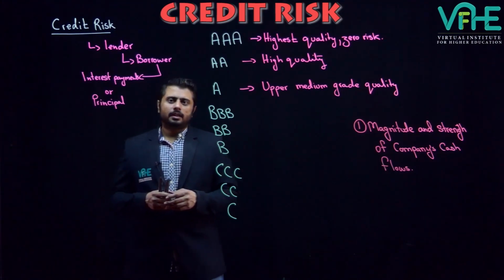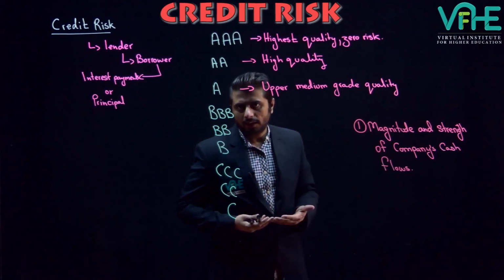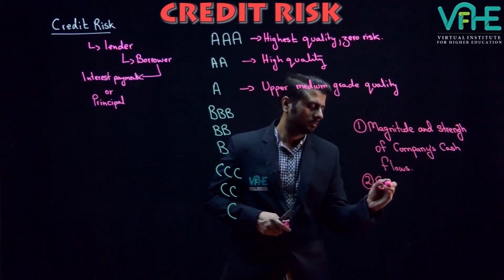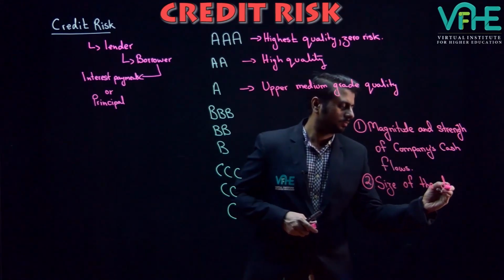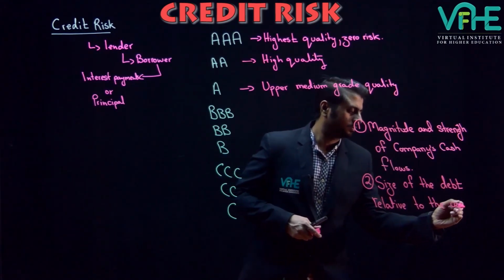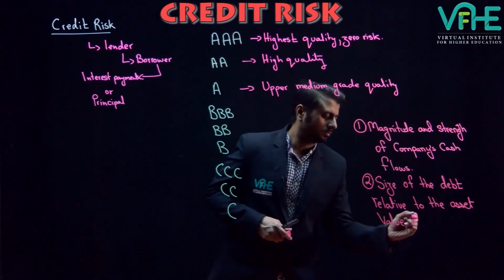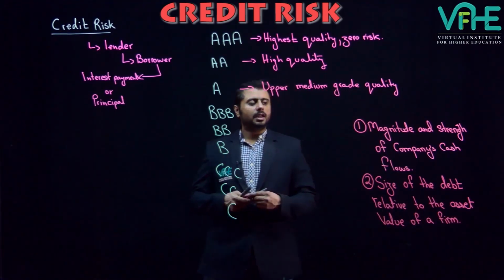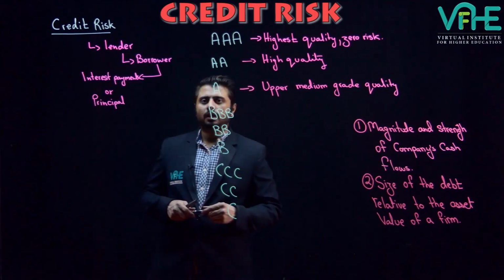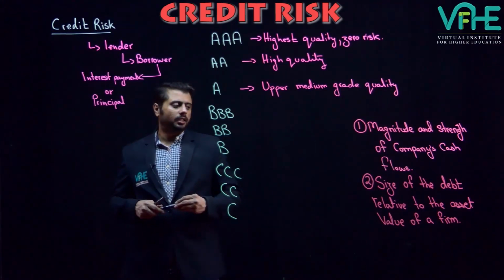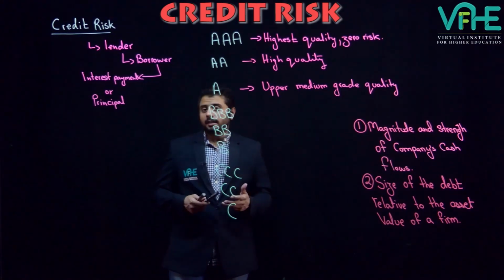Second thing is the size of the debt relative to the asset value of the firm. Again, if a company has low amount of debts as compared to the size of the assets value, it will have a higher rating.